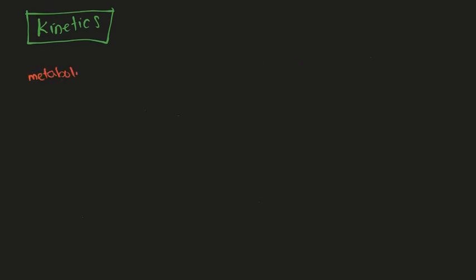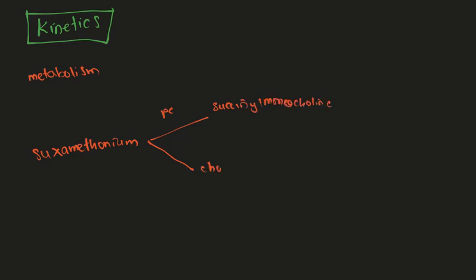As for its metabolism, suxamethonium, succinylcholine, will be hydrolyzed by pseudocholinesterase into succinylmonocholine and choline. The succinylmonocholine is a weakly active substance, which will be further degraded into succinic acid and choline.